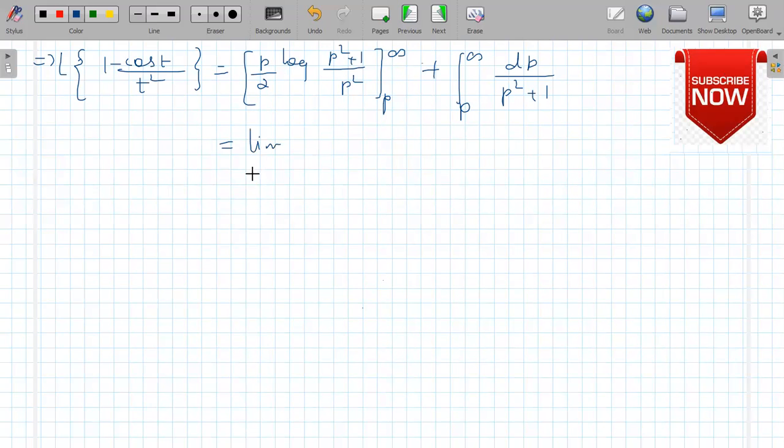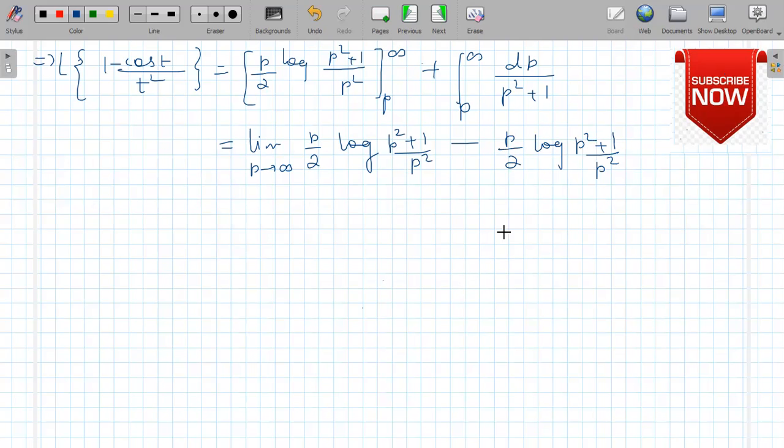So we write here limit p approaches to infinity, p upon 2 and log of p square plus 1 divided by p square minus, and lower limit per, this is as it is, p square plus 1 divided by p square, and the value of this integral is tan inverse P. So we have here plus tan inverse P with the limit P to infinity.